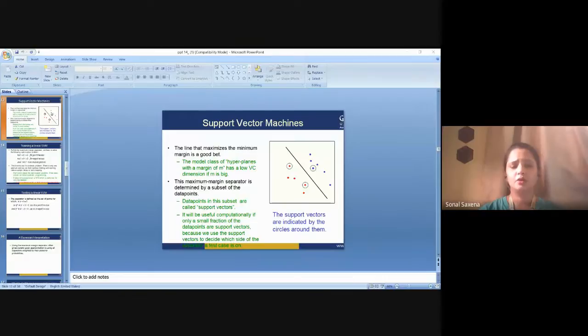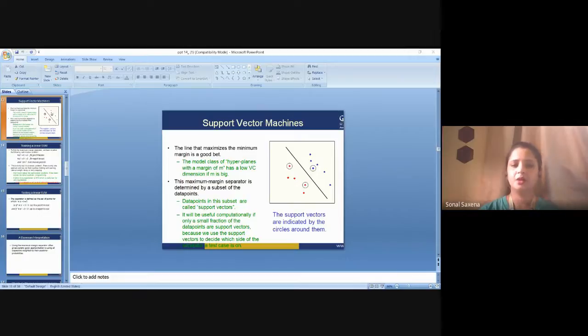Okay, so the original problem may be stated in a finite dimensional space, and it often happens that the sets to discriminate are not linearly separable in that space. For this reason, it was proposed that the original finite dimensional space be mapped into a much higher dimensional space, presumably making the separation easier in that space.